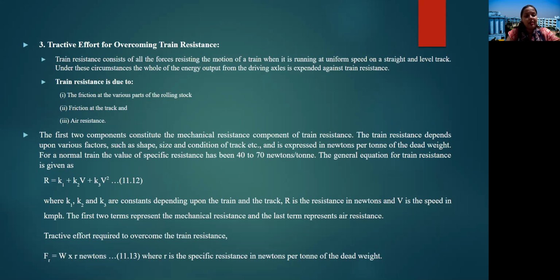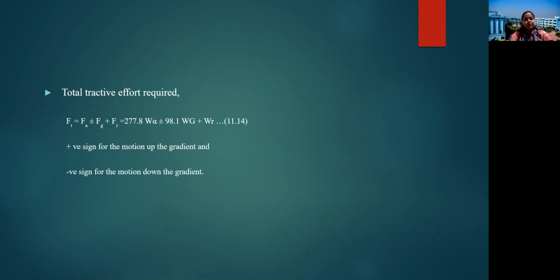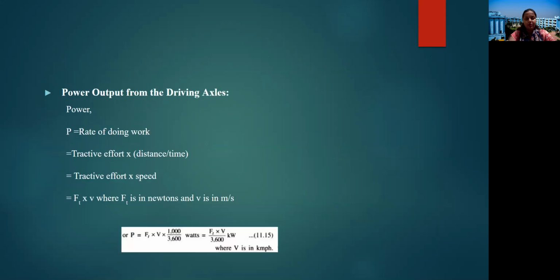So tractive effort due to the train resistance will be Fr equals W into R. So total tractive effort will be the sum of these three, again positive sign for upward motion and negative sign for downward motion. Now the power output.